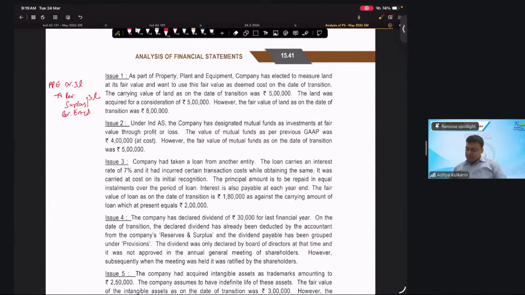Under the previous GAAP, the company has designated mutual funds. Under Ind AS, the company has designated mutual funds as investments at FVTPL. The value of mutual funds as per previous GAAP was rupees 4 lakhs and the fair value is rupees 5 lakhs. So what are you going to do?